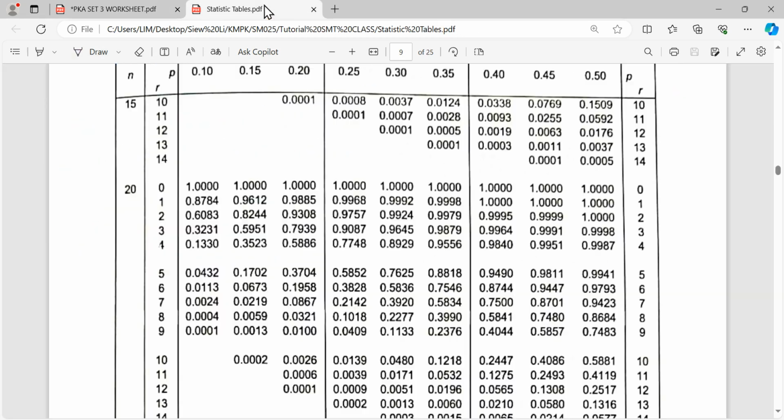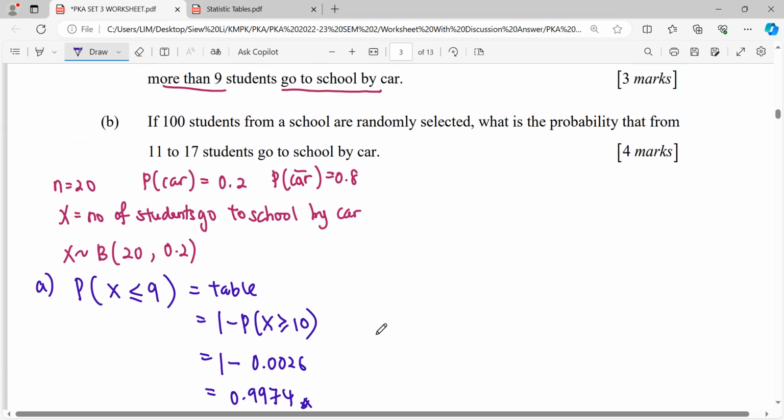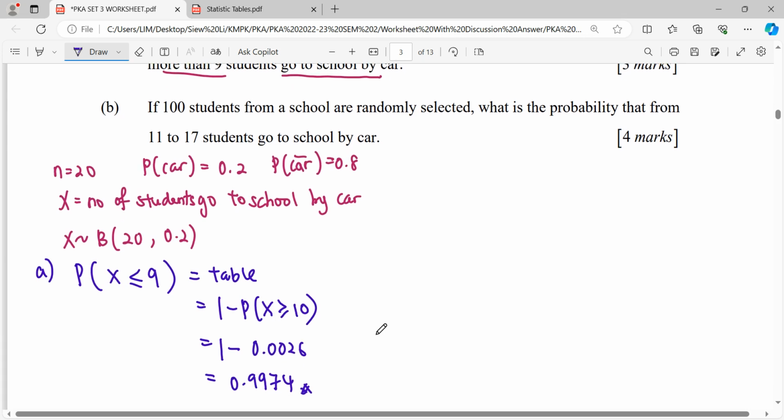Reading of 10. Alright, so the reading for 10 is 0.0026. So that's all for question A.